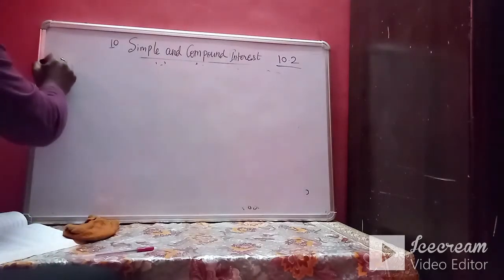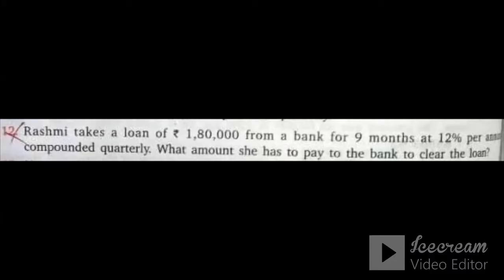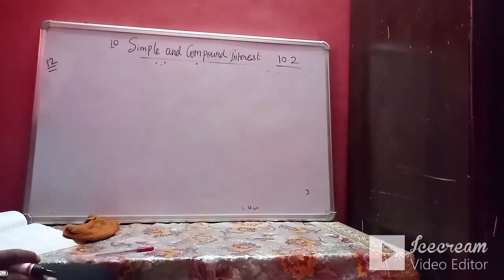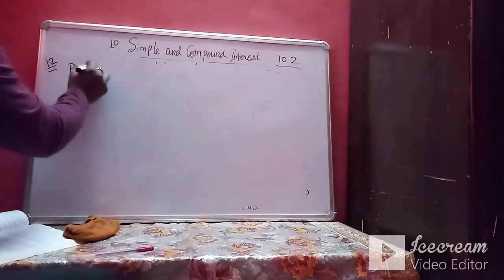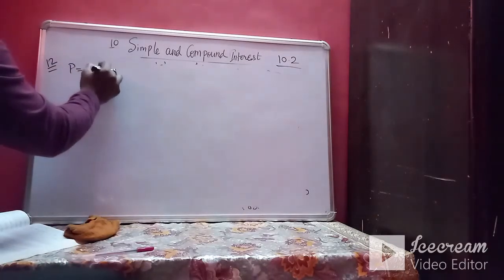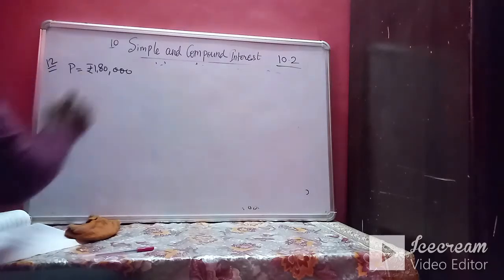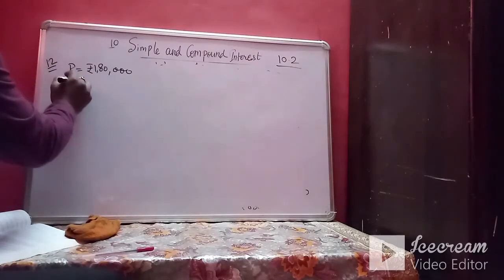So that is question number 12. Rashmi takes a loan of 1,80,000 rupees. So loan amount is 1,80,000 rupees for 9 months.